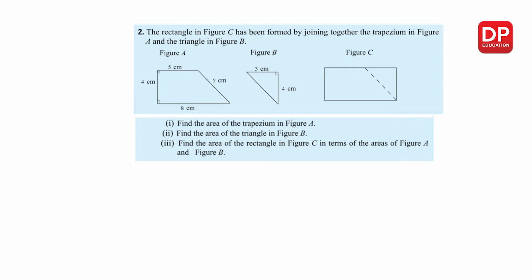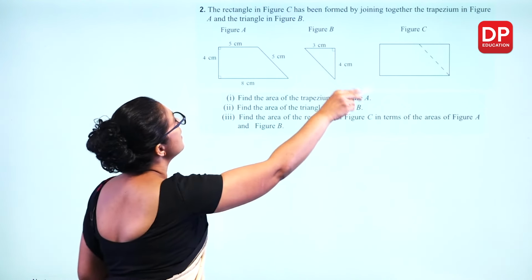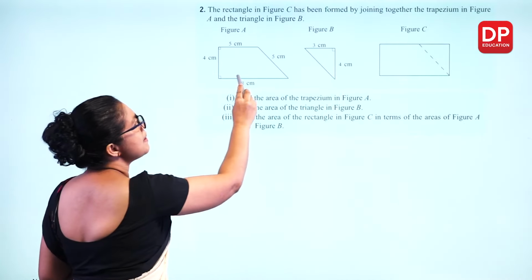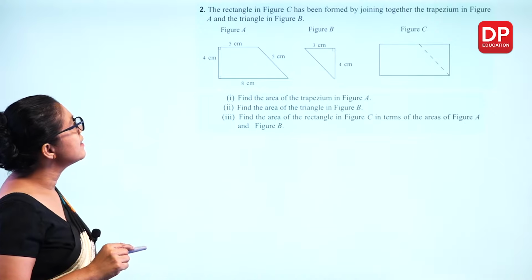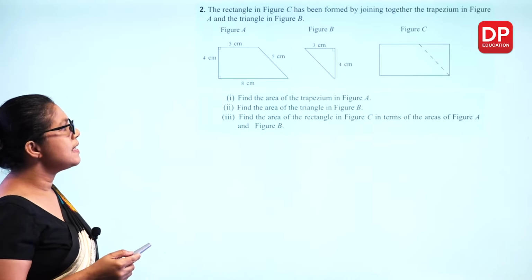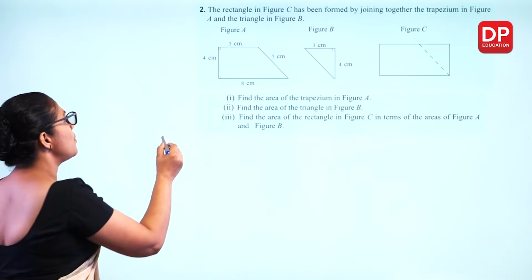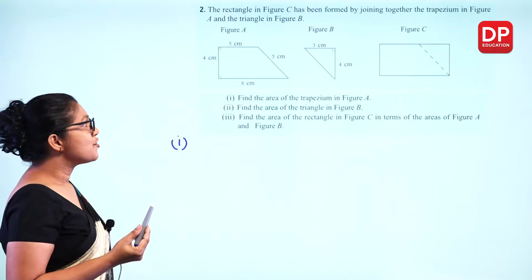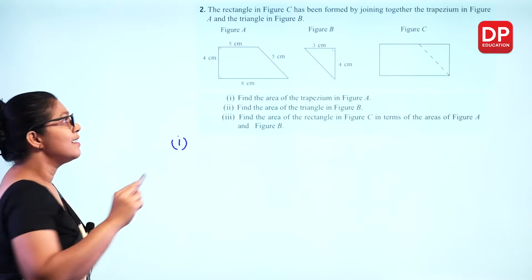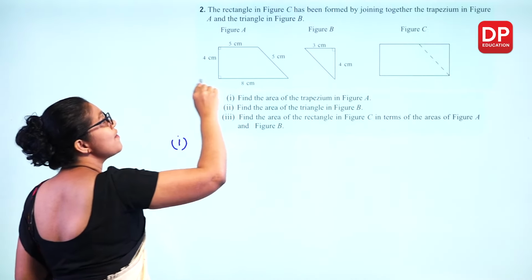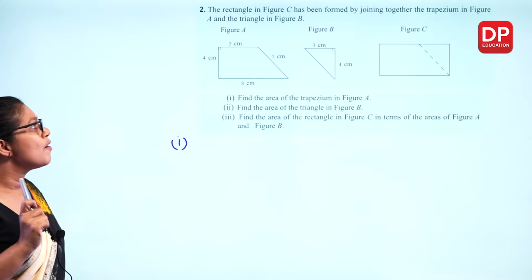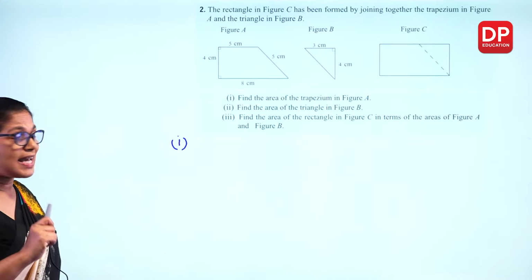Now we'll look at question number 2. In question number 2, it says the rectangle in figure C, that's this one, has been formed by joining together the trapezium and this triangle. Find the area of the trapezium in figure A. So we'll do the first part. How do you find the area of the trapezium? Here, to confuse you, they have given all lengths. So you need to identify which measurements you are taking.